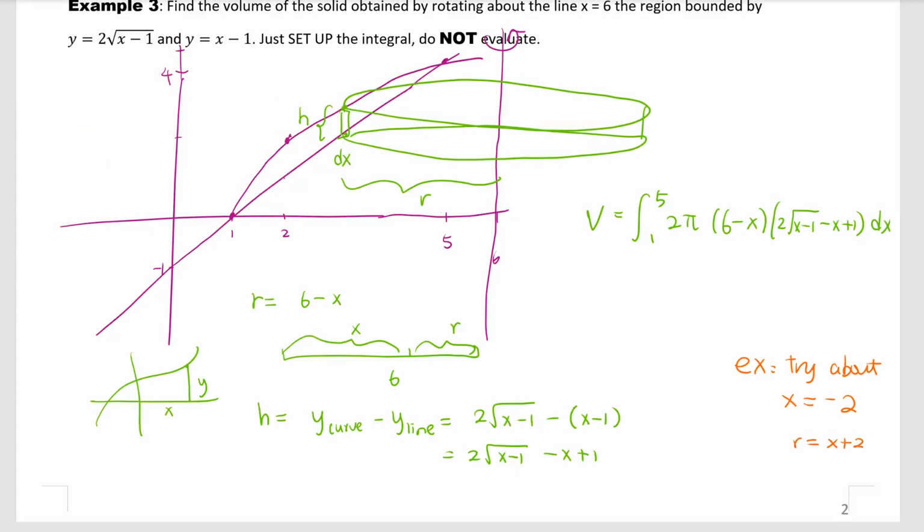Your h is still the same, so you just replace this guy by x plus 2. That is for when we rotate about the line x equals -2. So far so good, everybody?